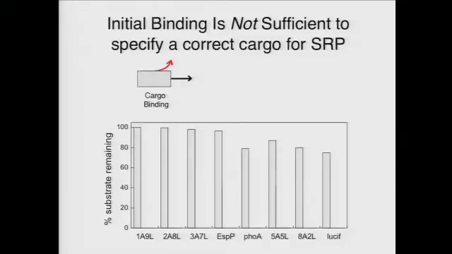And as I just told you before, more than half of the weakest cargos, in fact, over 70% of them, would be bound by the SRP after this initial interaction. So what this literally says is that, in fact, the SRP makes a lot of mistakes when it first takes a look at these ribosomes and the signal sequence. And we have to propose then that these mistakes have to be corrected somehow by the cell. The question is how?